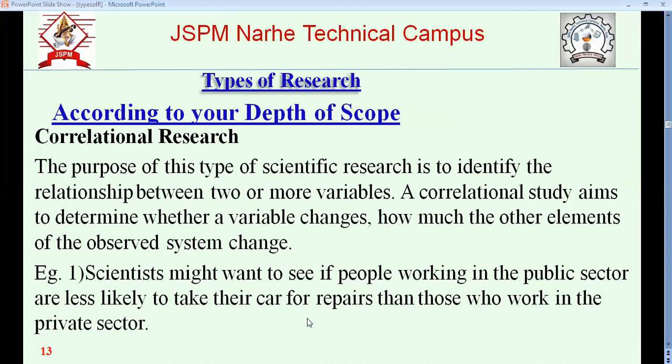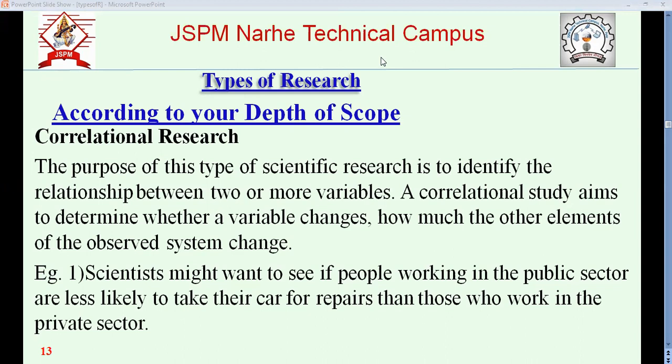Are you getting all this? So carefully consider the examples. Scientists may be interested to find why public sector people take their car for repair less as compared to private sector employees.